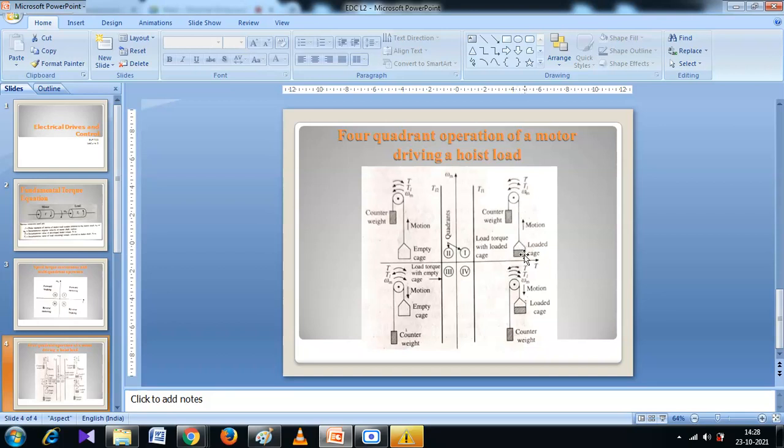If we have to uplift that cage, that means the motion of the loaded cage is upward, then we have to create a torque so that the loaded cage goes upward.